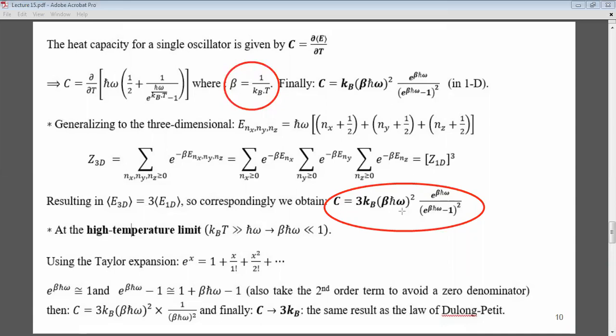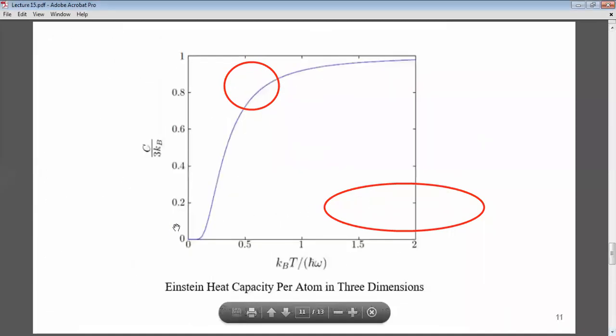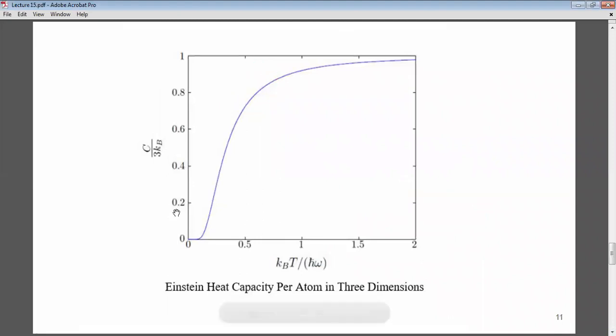It depends on each atom. Each atom has a different frequency, but it's a constant term. Everything else is constant. And if I draw this using MATLAB, Mathematica, or anything, it will look something like this. This is in terms of KBT over h bar omega. This is how C will look.